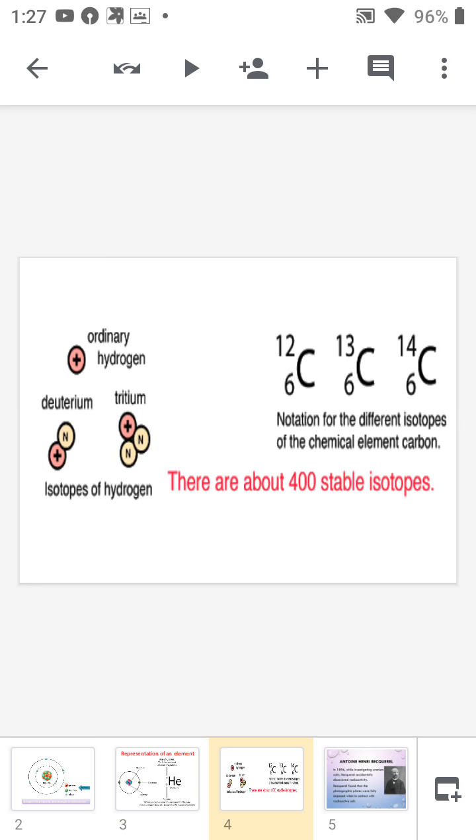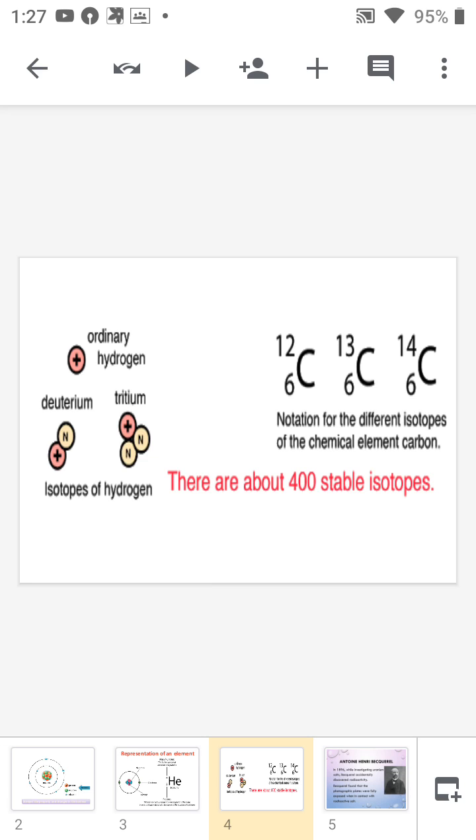Next is tritium. Tritium consists of one proton. The atomic number is the same, but the only difference is that tritium consists of two neutrons. So the mass number is 3 in the case of tritium. On the right hand side, I have shown some of the isotopes of carbon. The ordinary carbon atom is shown by carbon with atomic number 6, mass number 12.